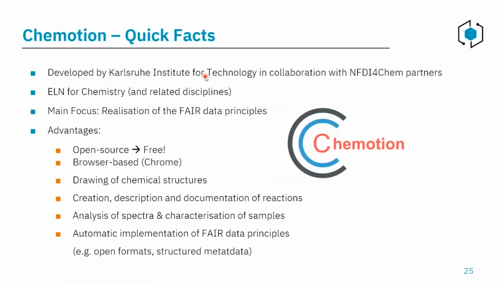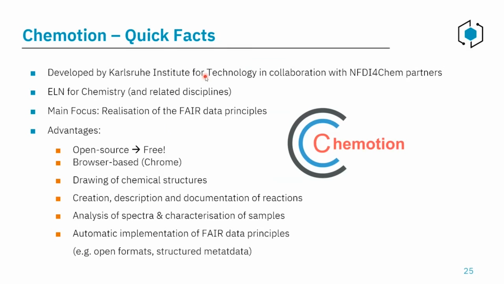Some quick facts about Chemotion. It was developed by researchers at KIT in Karlsruhe in collaboration with people from NFDI4Chem. It's an ELN that was specifically designed for chemistry and related disciplines, although it's now been expanded to other scientific disciplines. I'll be talking a little bit more about that later. And its main focus really is the realization of the FAIR data principles, right?